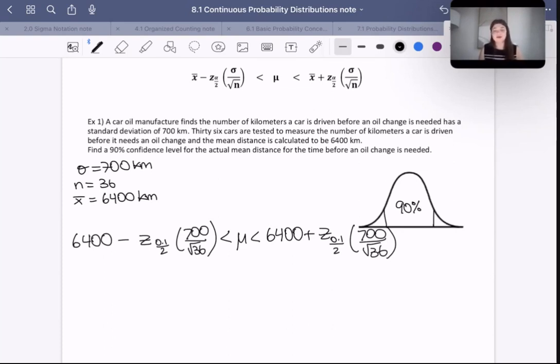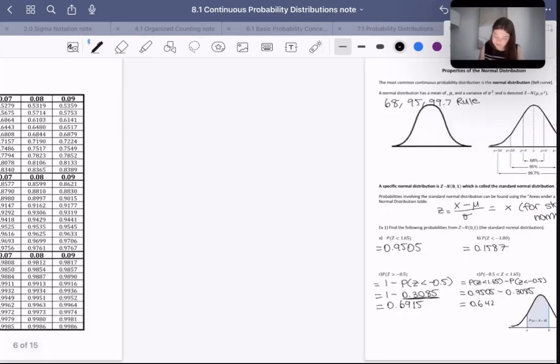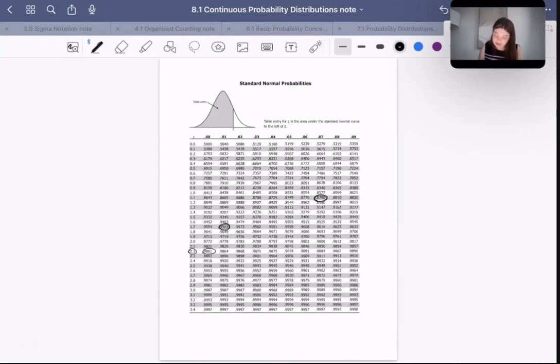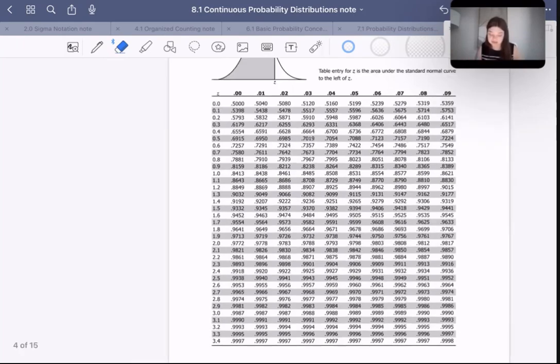Okay, and so what I'm going to do, therefore, is let's figure out how we can get 90% in there. So what I'm going to do in that case is I'm going to go to my table, and this time instead of looking on the edges of the table for the z-scores, I'm going to look in the middle of the table for the probabilities. I would like to know what probability I'm going to end up getting if I would like 90% in the middle.